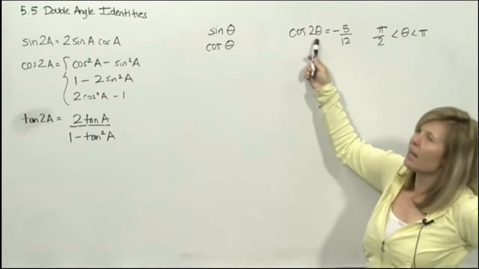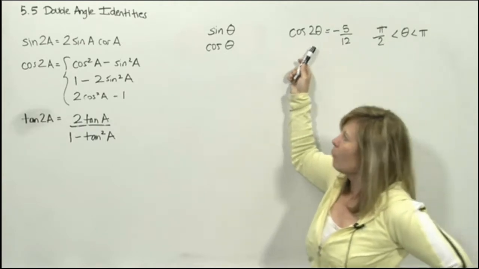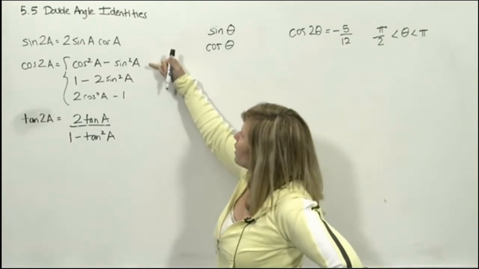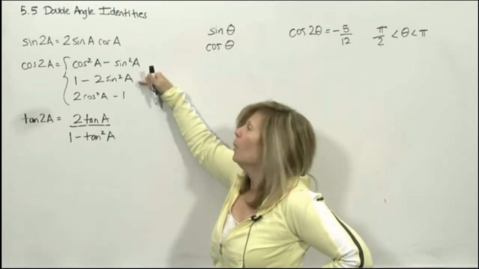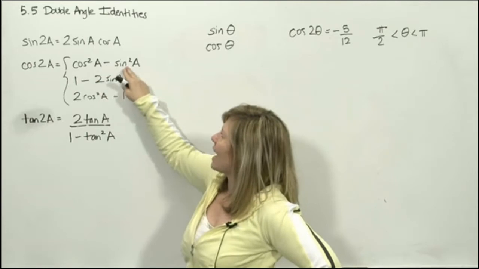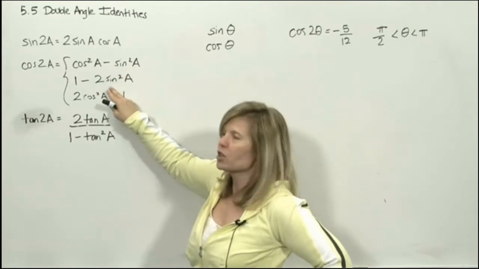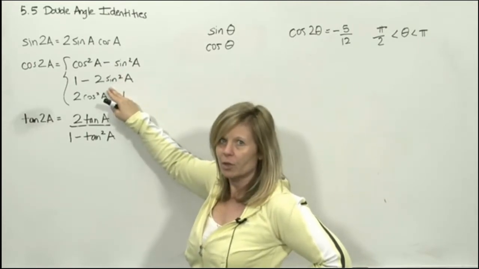If we're given a double angle for cosine and we want to find sine, we need to pick the first choice or the second choice, because they both have sine in them. But would you want to pick the first choice that has cosine and sine, two unknowns, or this one that just has one unknown? Correct.